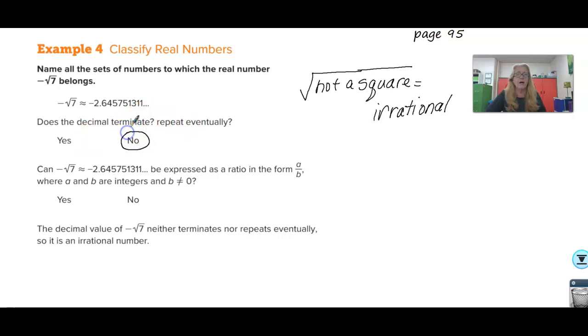The square root of not a perfect square will not terminate, and it does not repeat. Negative square root of 7 is approximately equal to, they had to use the approximately equal to because this little puppy goes on and on and on, okay? Can it be expressed as a ratio in the form of a over b? Nope. The decimal value of negative square root of 7 neither terminates nor repeats, so it is irrational. Square root of any number that's not a perfect square is irrational.